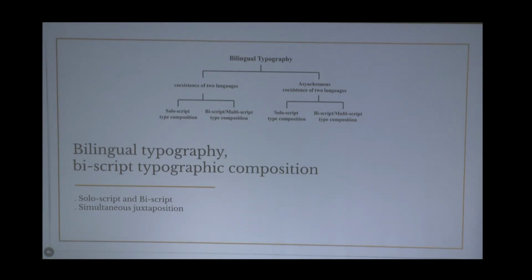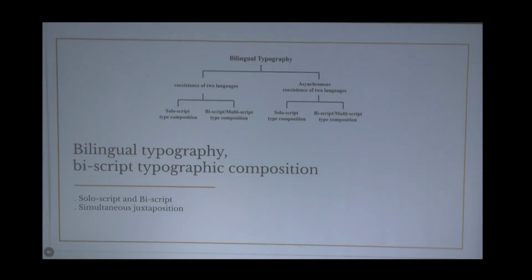The other challenge with bilingual typography is this: imagine we have an animation in kinetic typography. One script might be present in the absence of the second script. For example, one script presents on the screen and after a few seconds, it disappears and the second language presents.